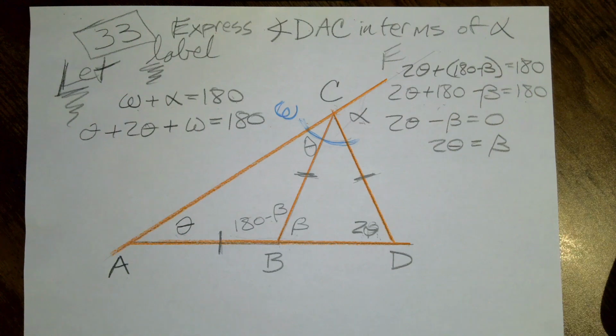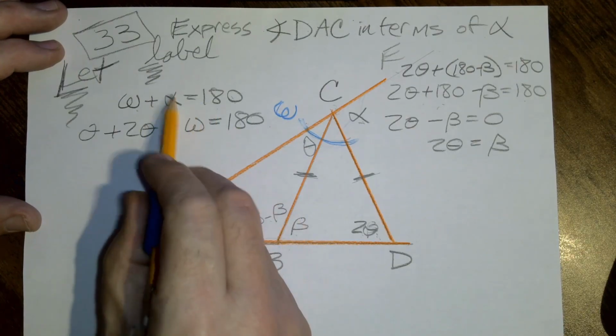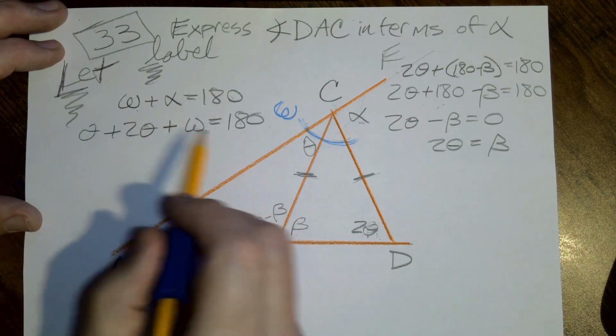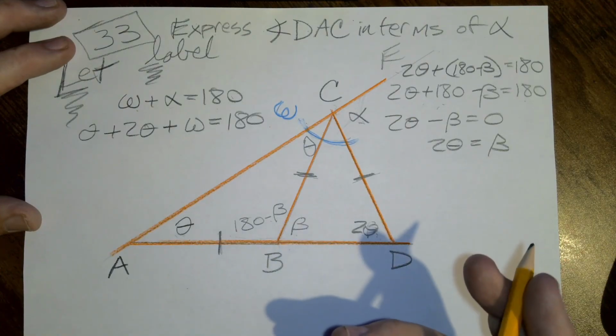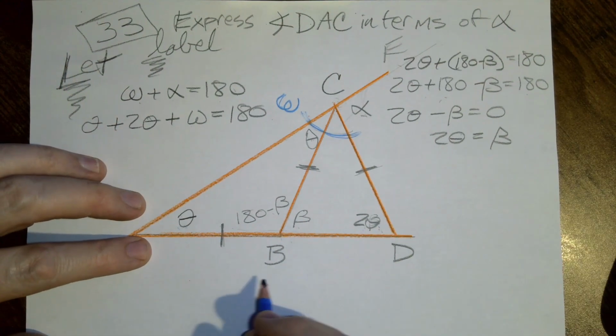So by the axiom of the transitivity of congruence, since this is equal to 180 and this is equal to 180, these two things are equal to each other. So we'll write out the final equation like this.